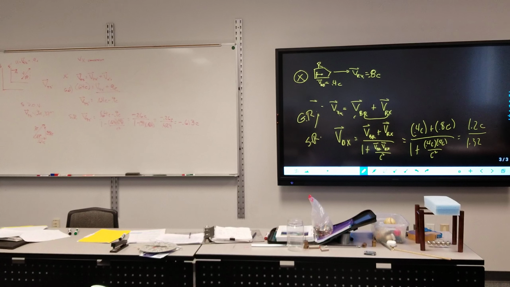Direction. Yeah. So from the rocket's point of view, the S prime's point of view, that object is going this way. That's right.